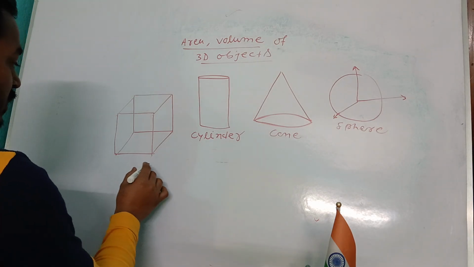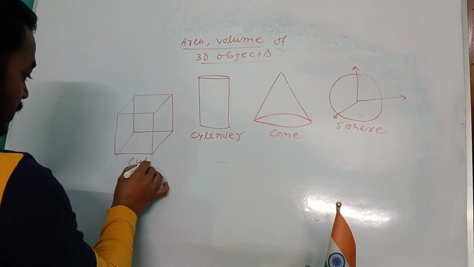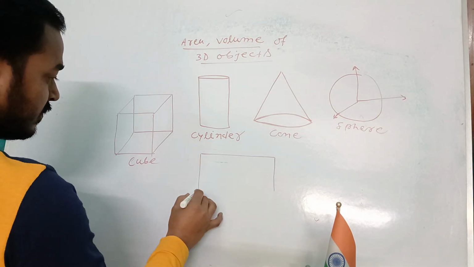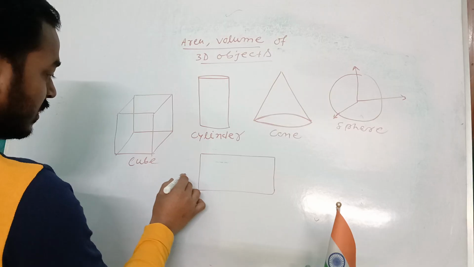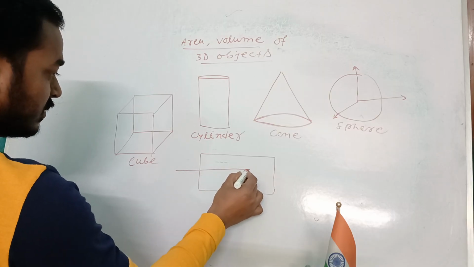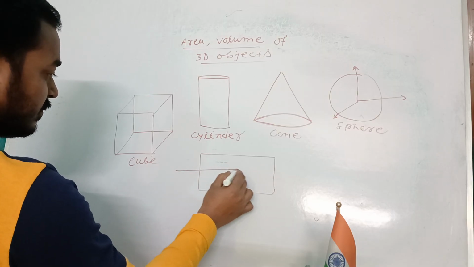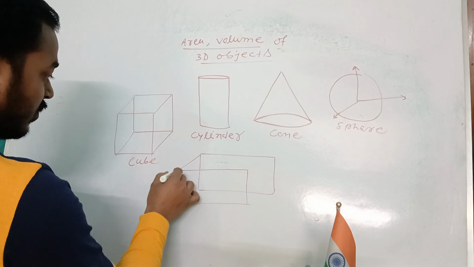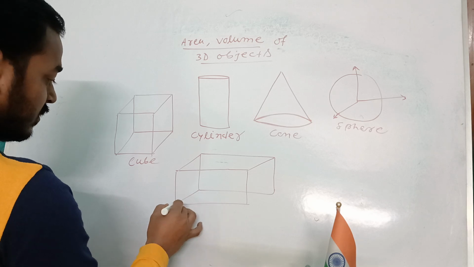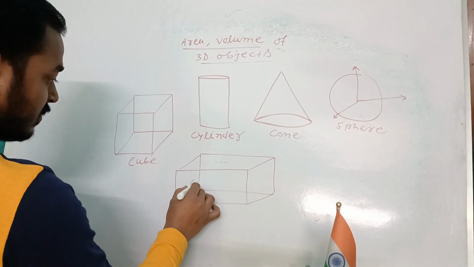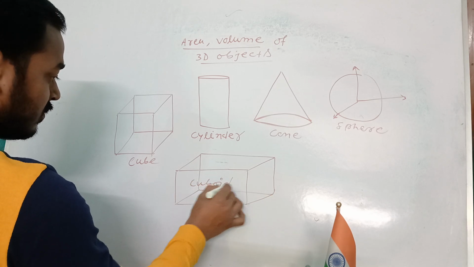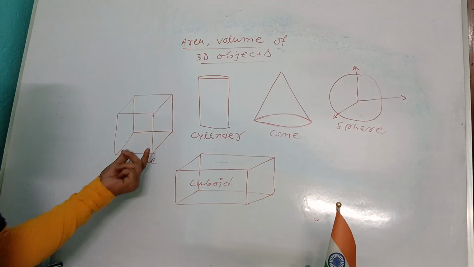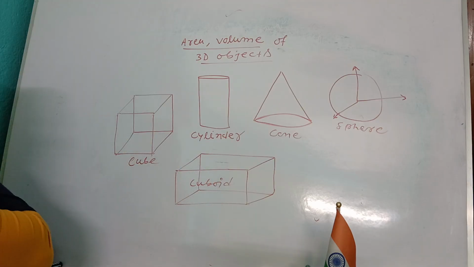This is a cube, and another one you can draw. This is a cuboid. So: cylinder, cone, sphere, cube and cuboid.